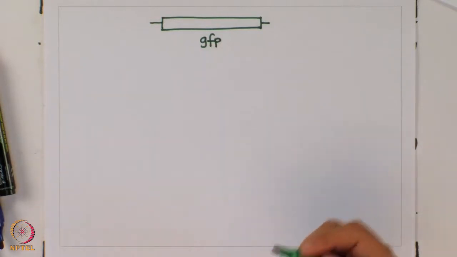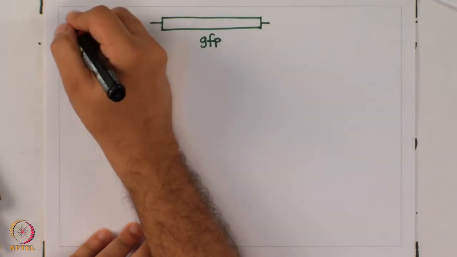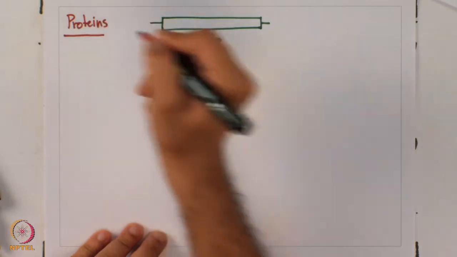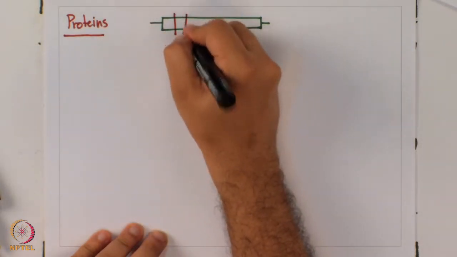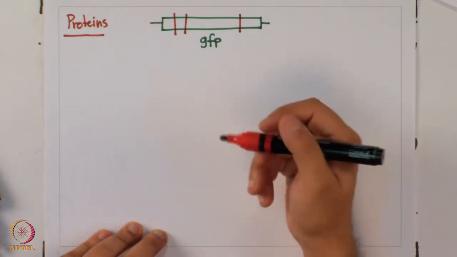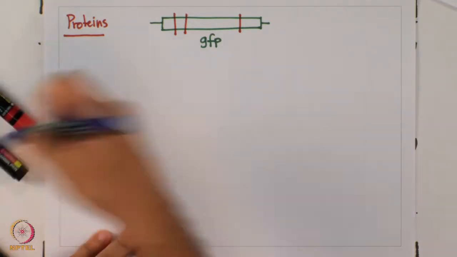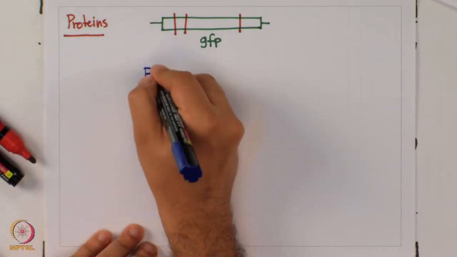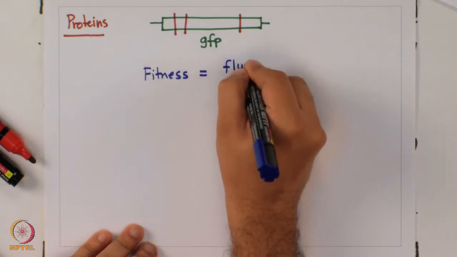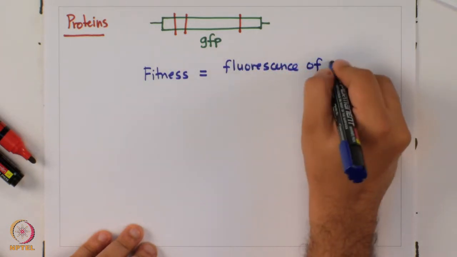And now I am interested in a similar exercise, so this is for proteins now, and I am interested in what role this and this residue have in controlling the property associated with this protein. And the way I am going to define this is that the corresponding fitness now is given by the fluorescence of a sequence.